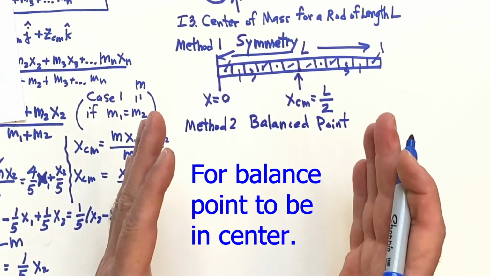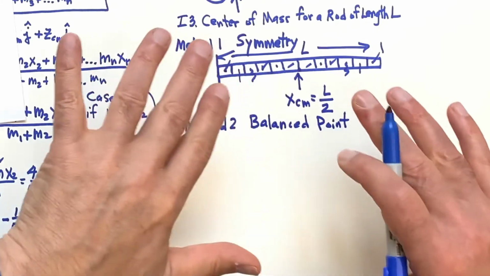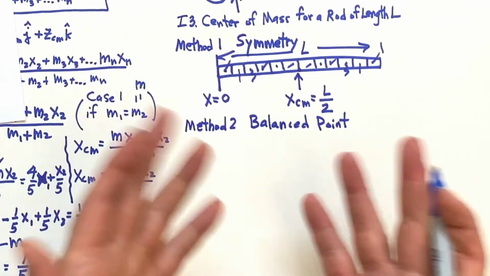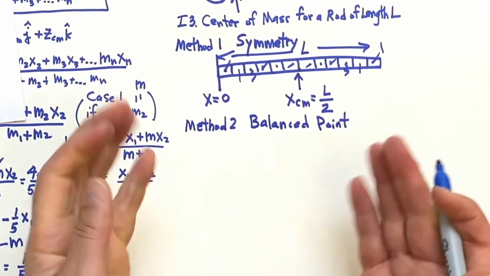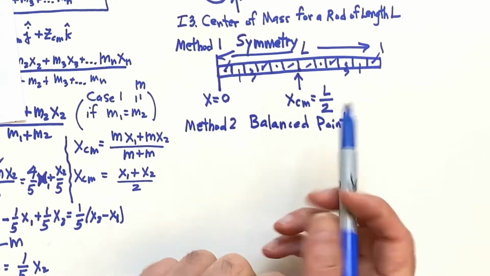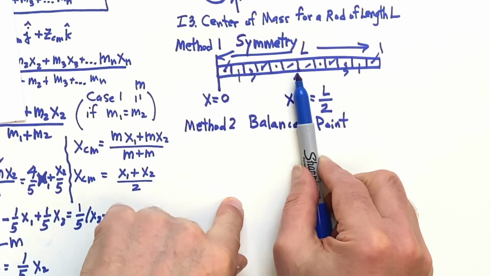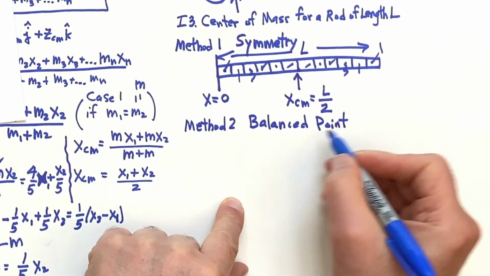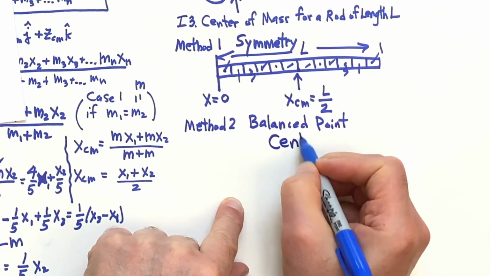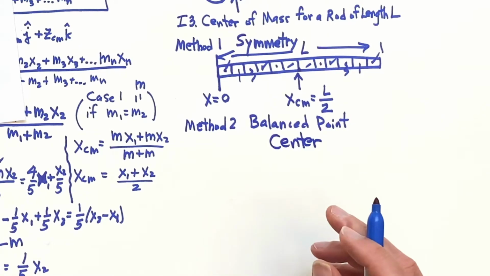That's uniform density, and that gravity underneath the rod is the same everywhere, like 9.8 meters per second squared, say, for a local region on the Earth. So if that's the case, where do you put, say, a fulcrum to balance the rod? It would be the center. So the balance point is the center. And that's another way to find the center of mass.